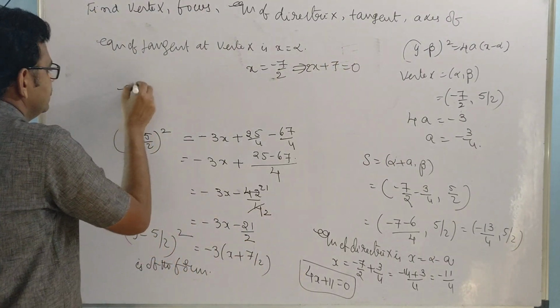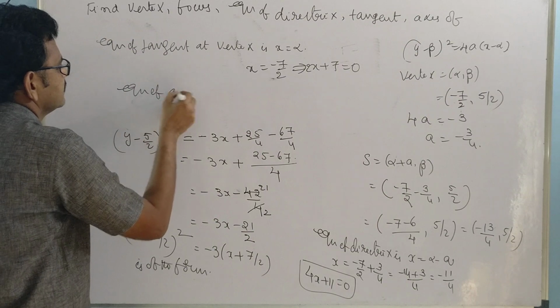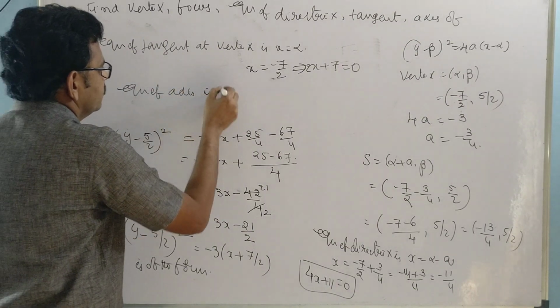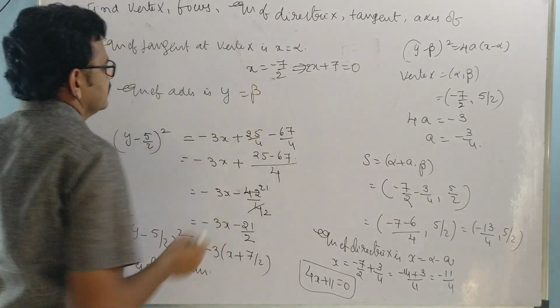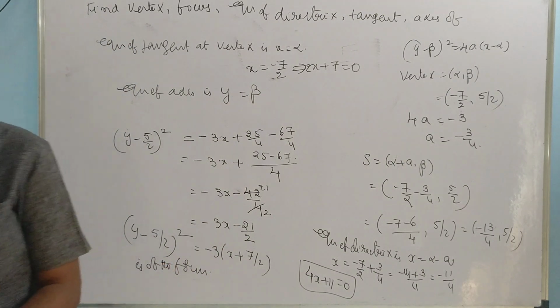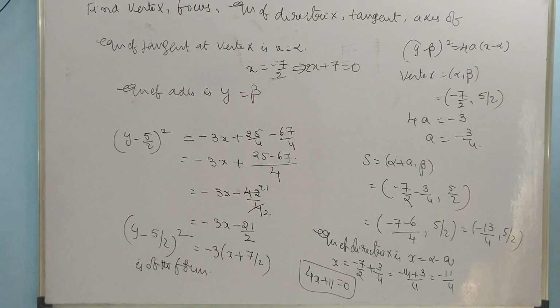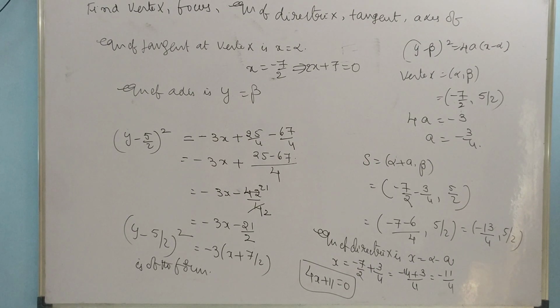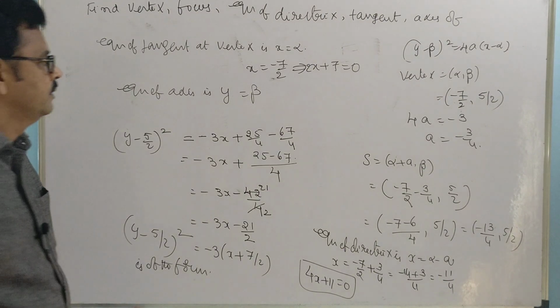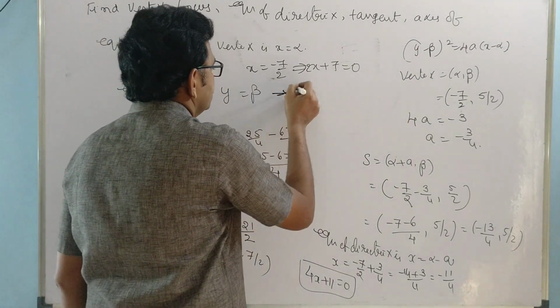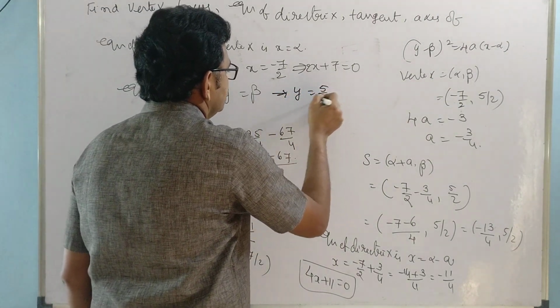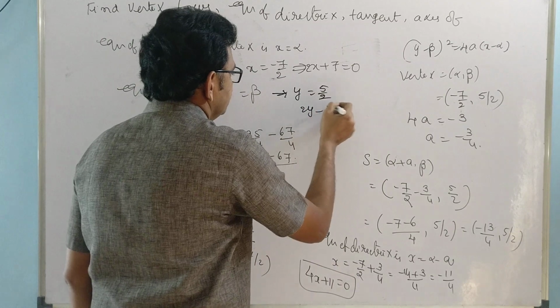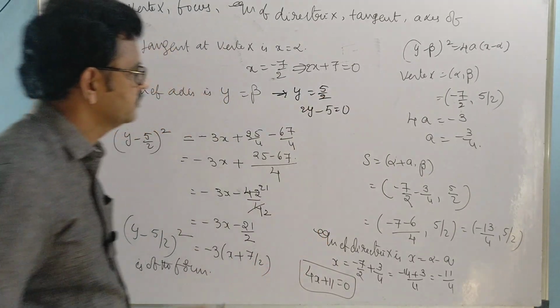Next, equation of axis is y is equal to beta. Equation of axis is y equal to beta, where beta is 5 by 2. That implies y is equal to 5 by 2, that is 2y minus 5 equal to 0.